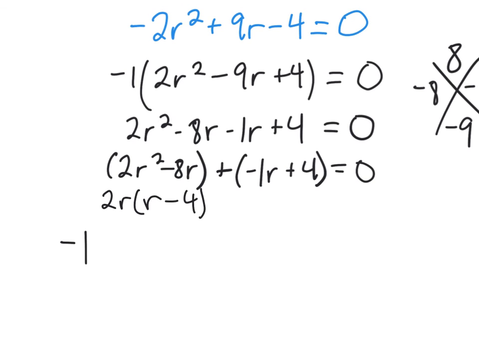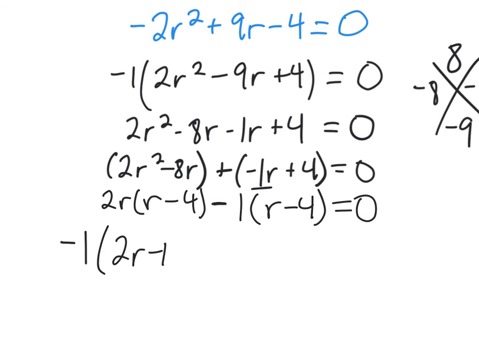Good. -1r and 4. Well, my first term is negative. I don't like that, so I'm going to pull out a -1 and get r minus 4. Almost done. Keep my GCF out front. Outsides in one set, insides in another, equals 0.